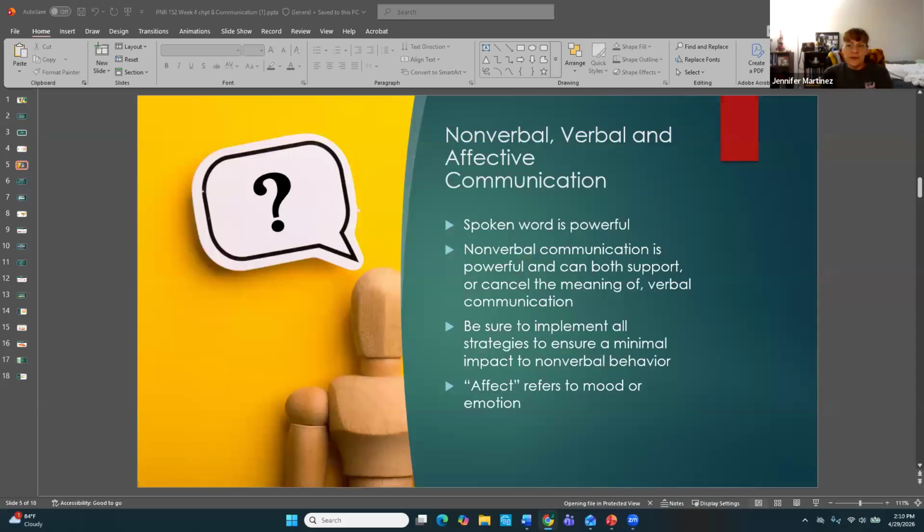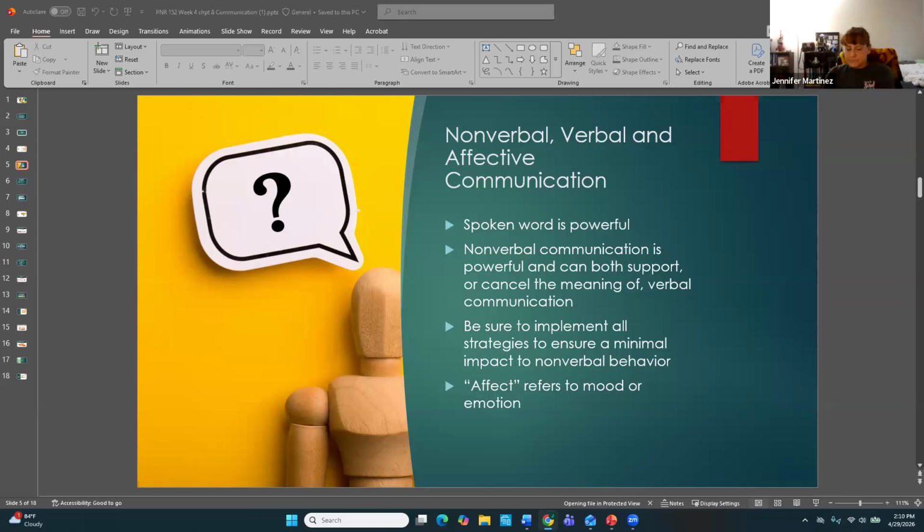So there are three different types of communication, styles, I guess. We have nonverbal, we have verbal, and then we have what's called affective. We know how powerful the spoken word is, right?